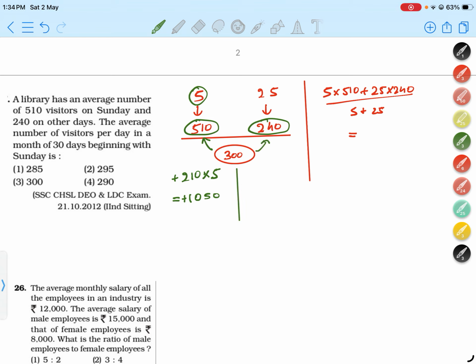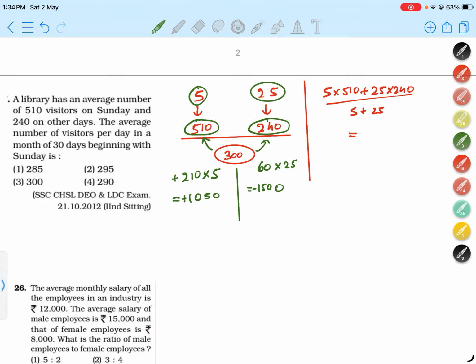Similarly over here we have a deviation of 60, on 25 units. So we have 25 into 60, which is 1500 negative.